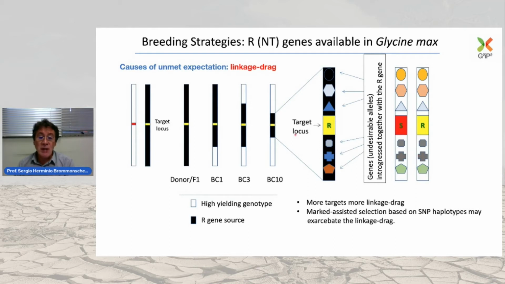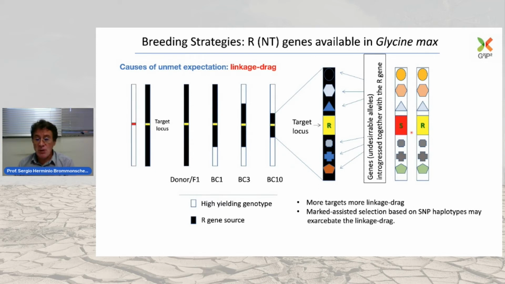So what we are doing in the lab, in collaboration with some companies, is using molecular markers to narrow or reduce this linkage drag, or to develop markers so that during the selection the linkage drag can be very small, and then the variety can be productive compared to the susceptible one.